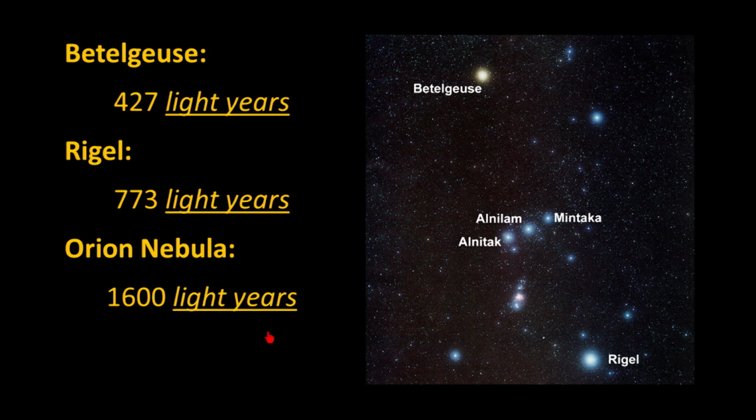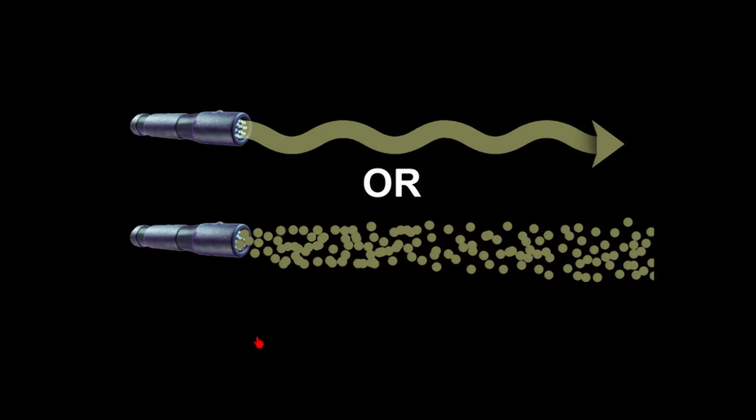What we then did is we talked about how light travels from one place to another. In other words, when light leaves a source and travels across space and reaches its destination, there are essentially two ways in which light can travel. We can describe light as traveling as a wave of energy, and the peaks that you see here are traveling at the speed of light from one place to another.